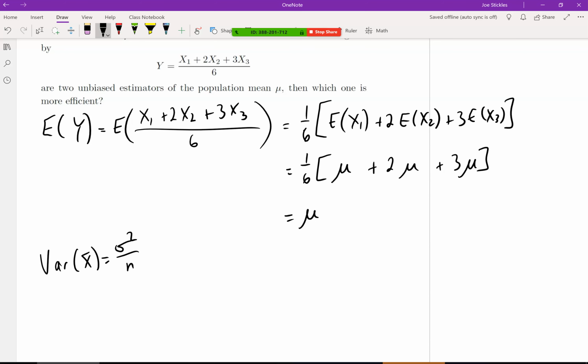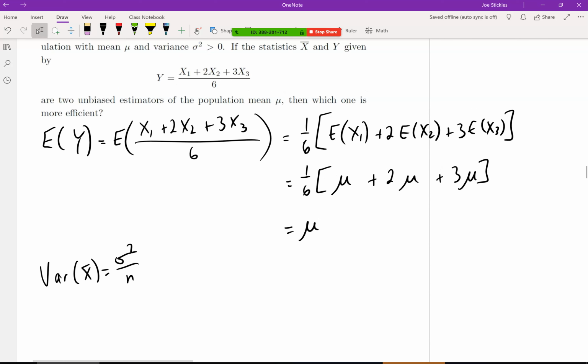Since the population has a variance of sigma squared, we know that the variance of the sample mean is sigma squared over n. We already know that from work we've done previously. In this case, since we have a sample size of 3, I can plug in 3 for n and get sigma squared over 3.